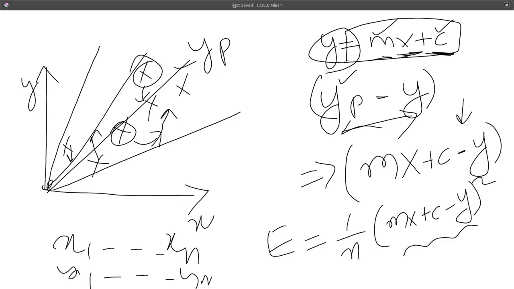Just to recap what we did: we found the distance, then we wanted to minimize it. Before minimizing it, we want to make it a quantifiable quantity. Since it's distance, we always wanted it to be positive, so we took a square of it, and since we didn't want it to become a very large quantity, we took an average of that distance.